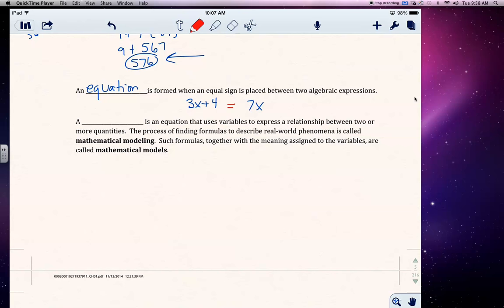A formula is an equation that uses variables to express a relationship between two or more quantities. The process of finding formulas to describe real-world phenomena is called mathematical modeling. Such formulas, together with the meaning assigned to the variable, are called mathematical models.